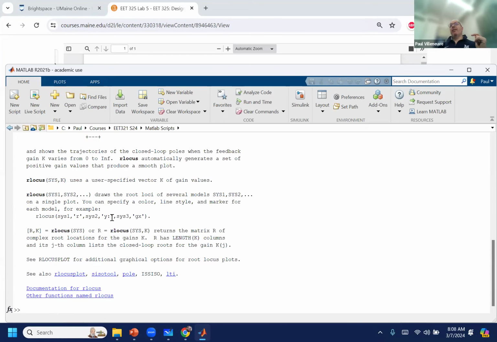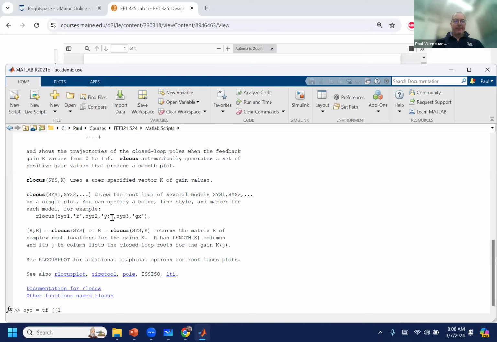So we're plotting the roots of our characteristic equation, and we're allowing some value of K to vary. K is a real number. It's not a complex number. It's a real number.